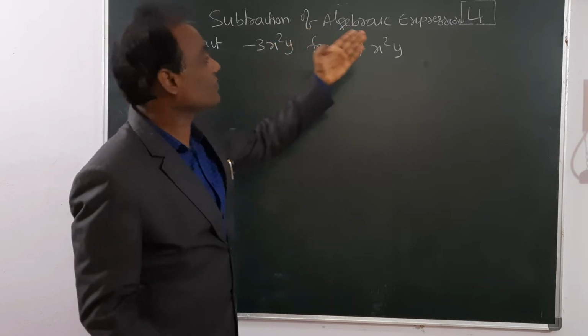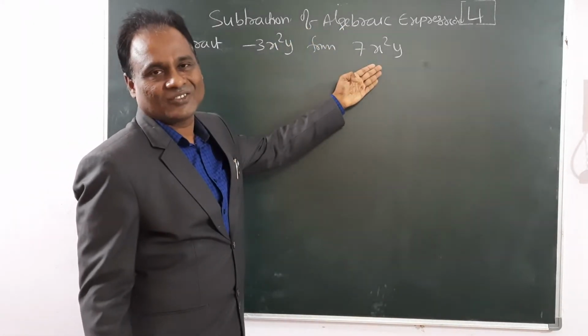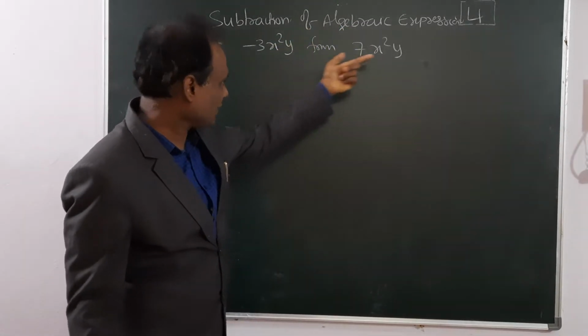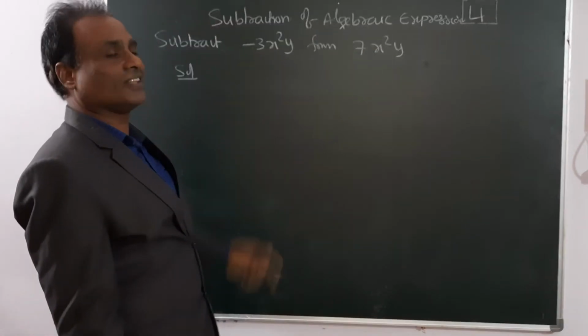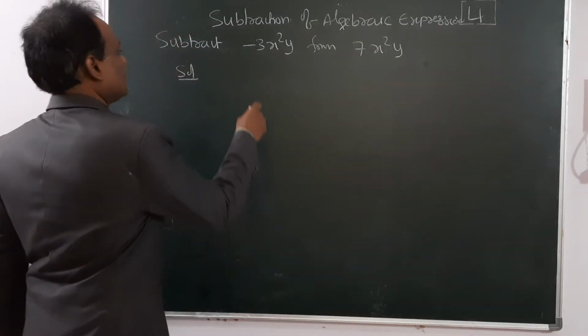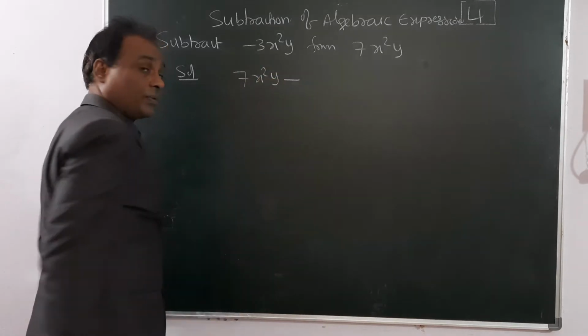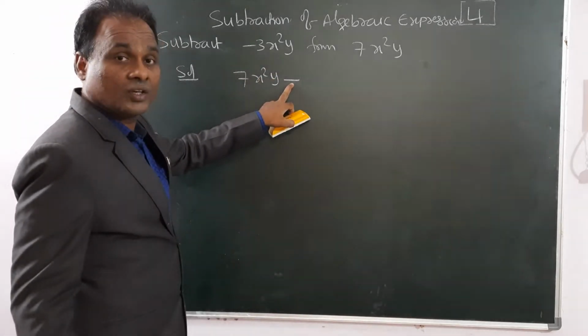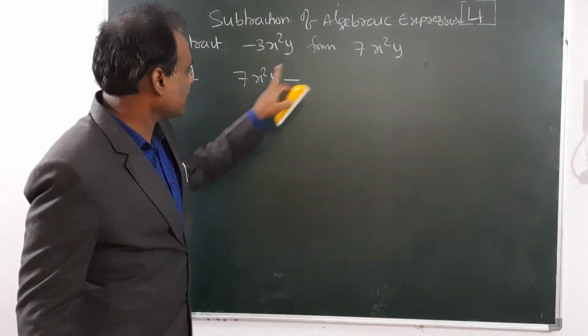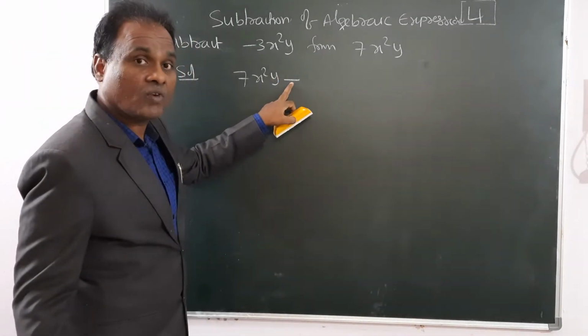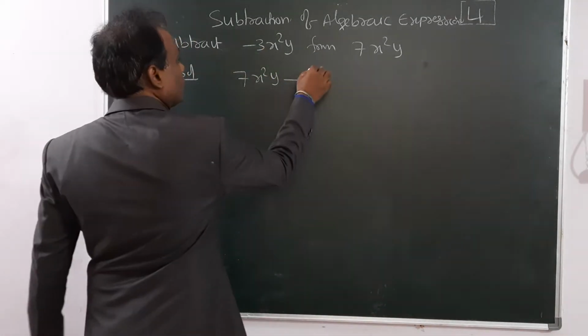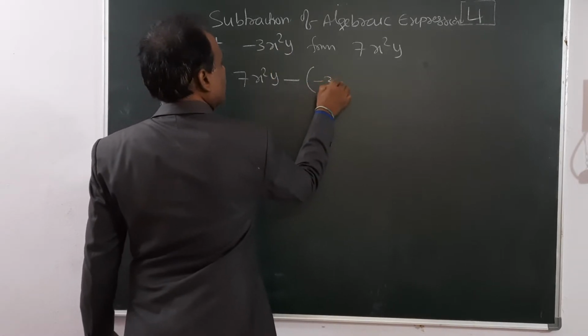Subtract this from this, so which should be written first? From this we have to subtract this, so write that first: 7x square y. Subtract means minus. Second term minus first term. The first term is minus 3x square y.